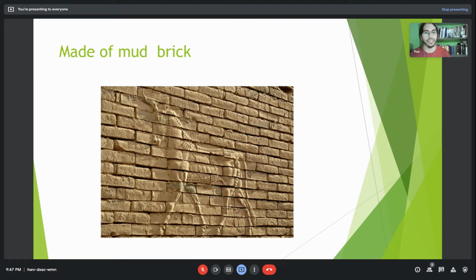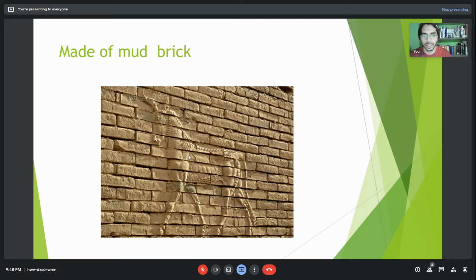The first one is oil, which we are already aware of today, and the other one is mud, something you can find just walking around the desert. But the Babylonians made it into molded bricks, as you can see here, which were then glazed, so the artists could make these really impressive figures, as you can see here in the image.